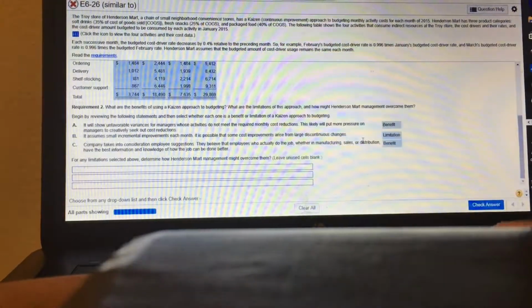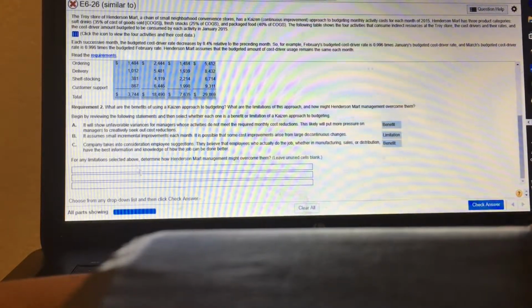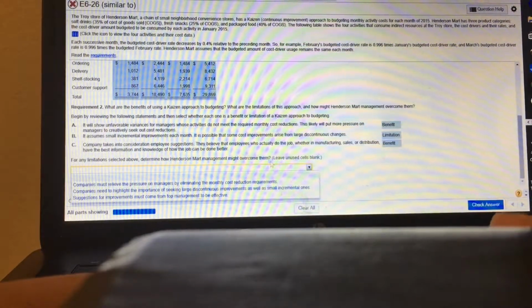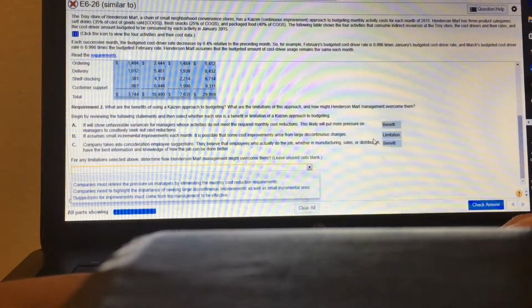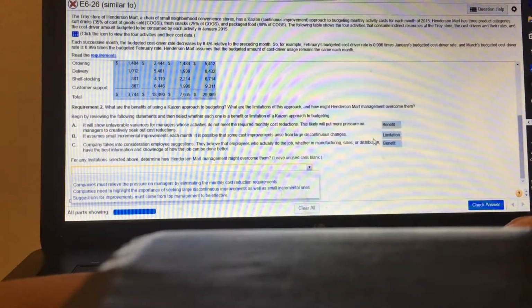Good job. Okay, so for any limitations selected above, determine how Henderson Mart management might overcome them. Let's see what the options are going to be. We only have one limitation, and it says it assures small incremental improvements each month. It is possible that some cost improvements arise from large discontinuous changes.